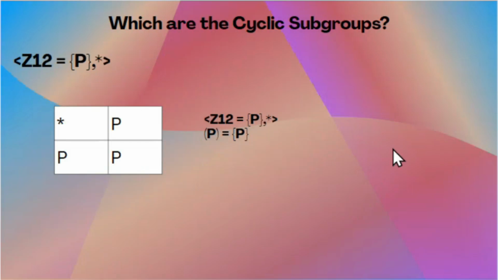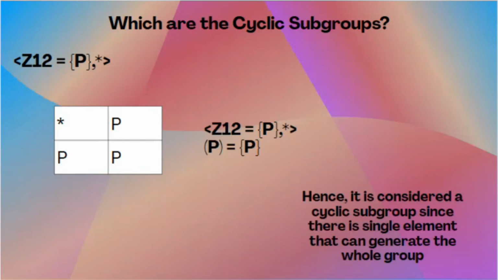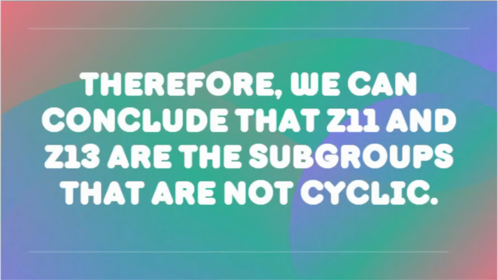And of course, for our trivial subgroup, we have P under binary operation star. So P star P is P. So it's a cyclic subgroup because it generates the whole group. Therefore, we can conclude that Z11 and Z13 are the subgroups that are not cyclic. And the rest of them are all cyclic.